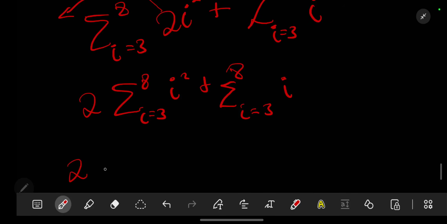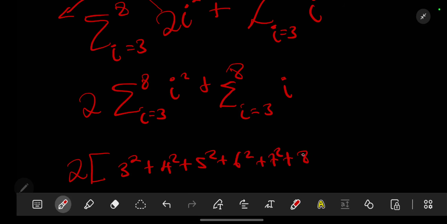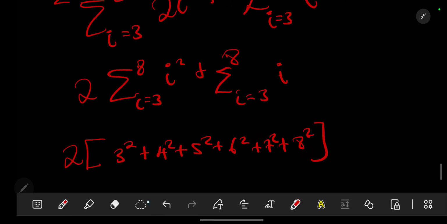So beginning at 3, we are going to have 3 squared plus 4 squared plus 5 squared plus 6 squared plus 7 squared plus 8 squared, until you reach 8. So if you had to add that in, there could be a mistake. So we have this value.